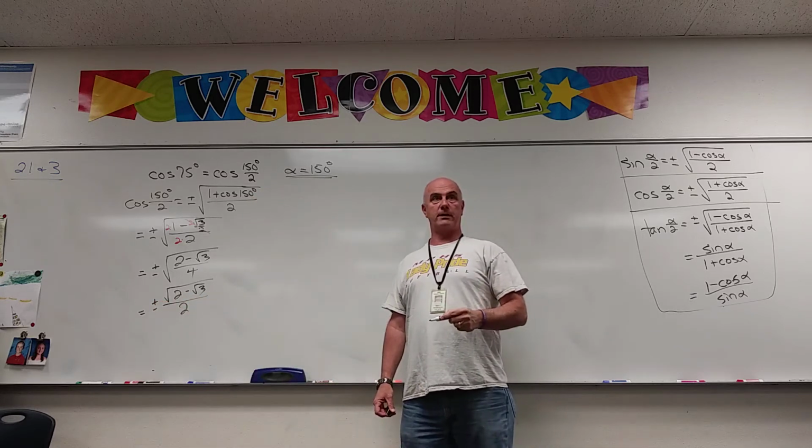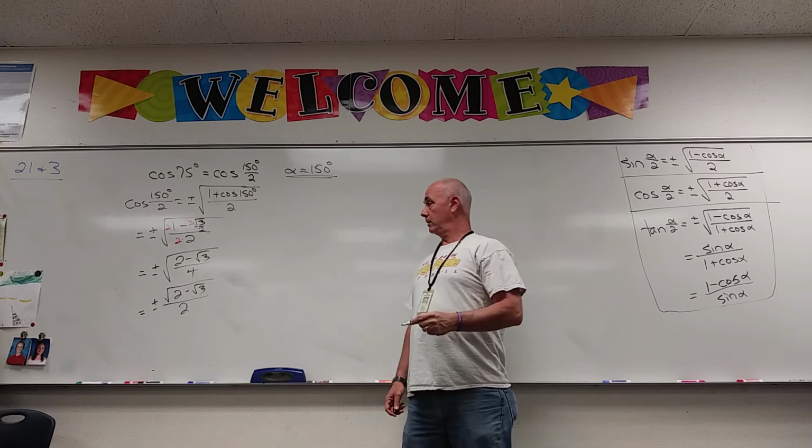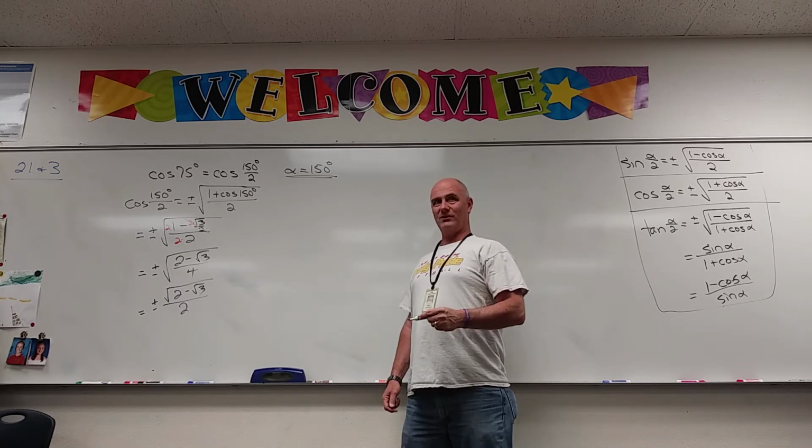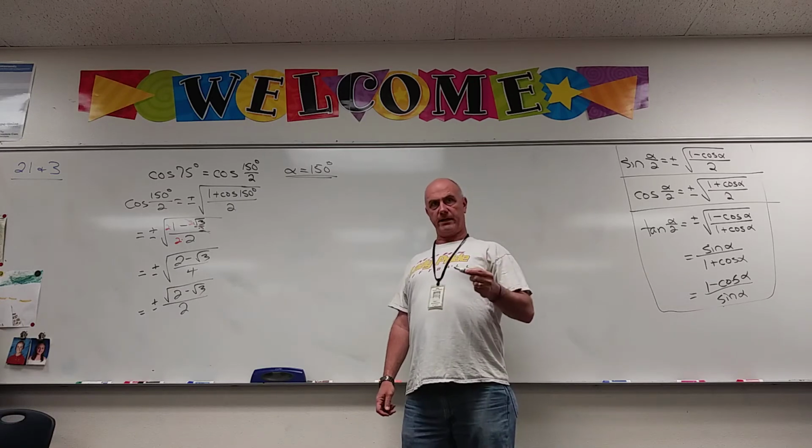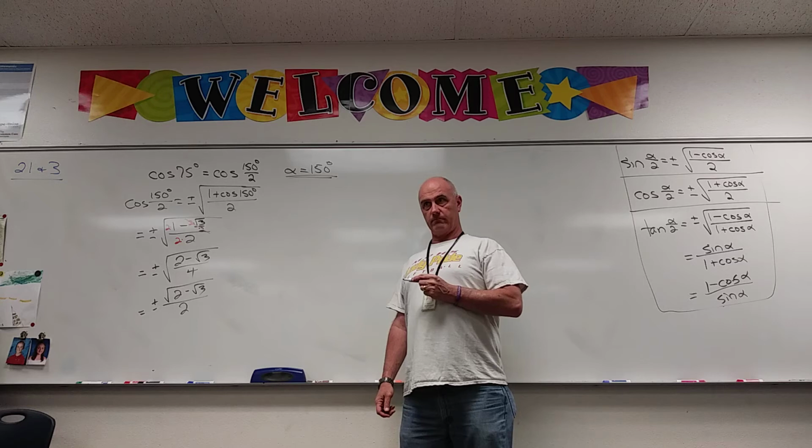Square root of the top, square root of the bottom. Anything we need to simplify? No, I like that. So the only thing we have left is plus or minus. Which one is it?